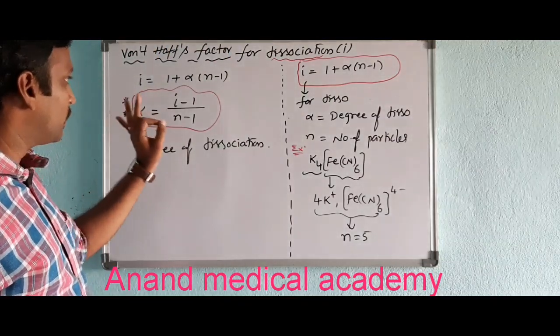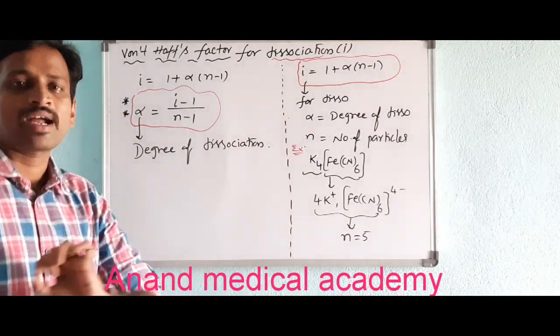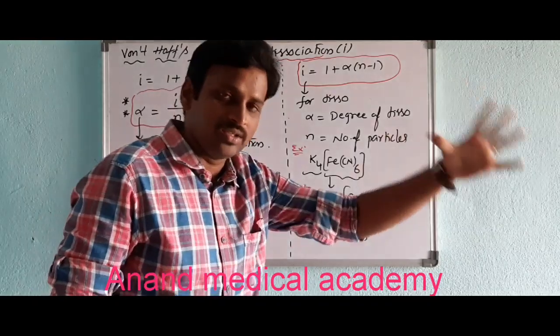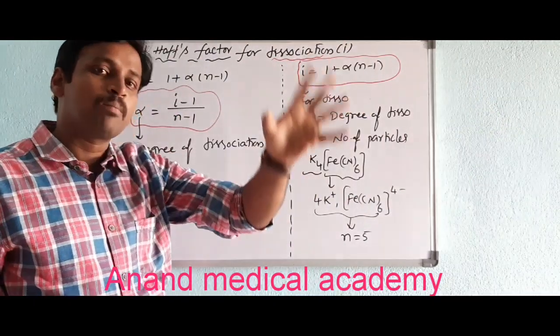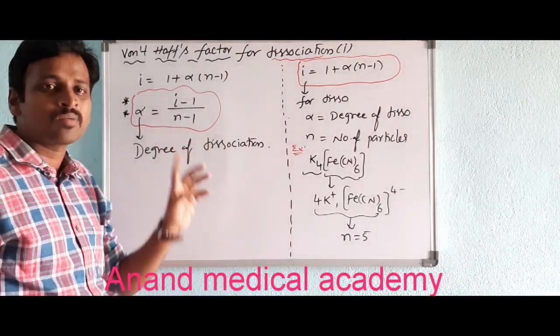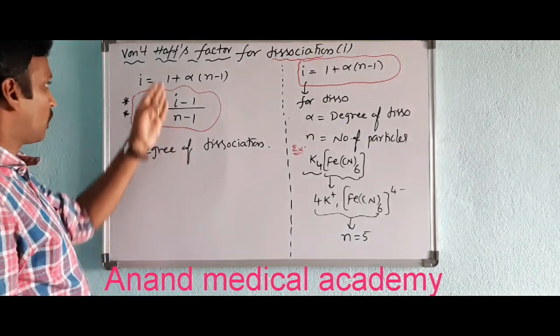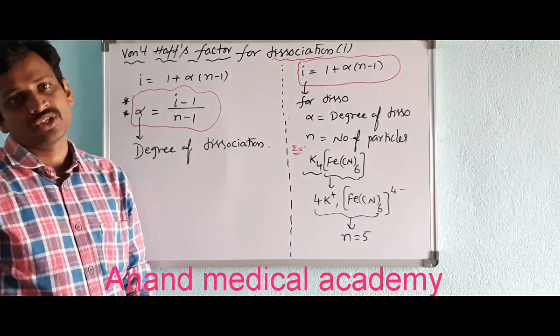So if you understand the van't Hoff factor for dissociation, for association it will be easy. Instead of N, you take 1 by N, that's it. You will get the van't Hoff factor for dissociation as well as association. Very clear.